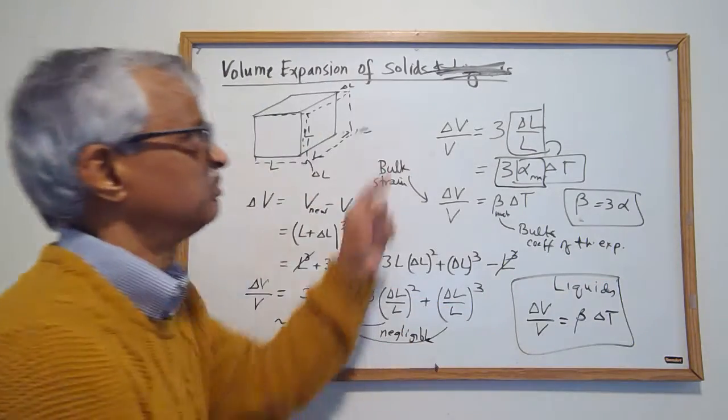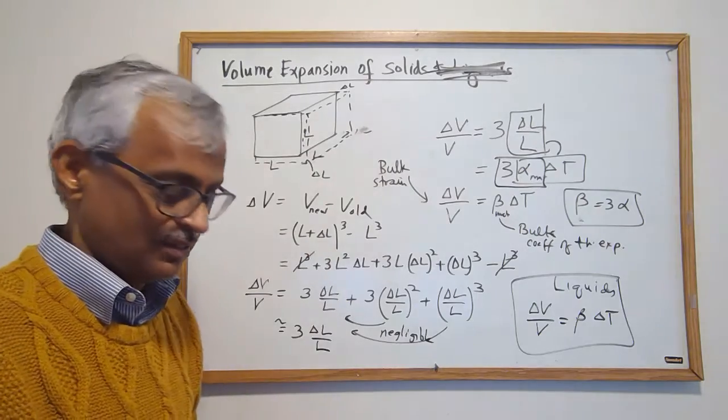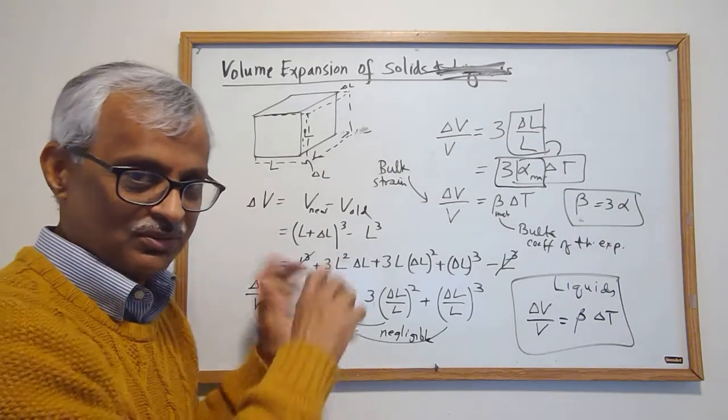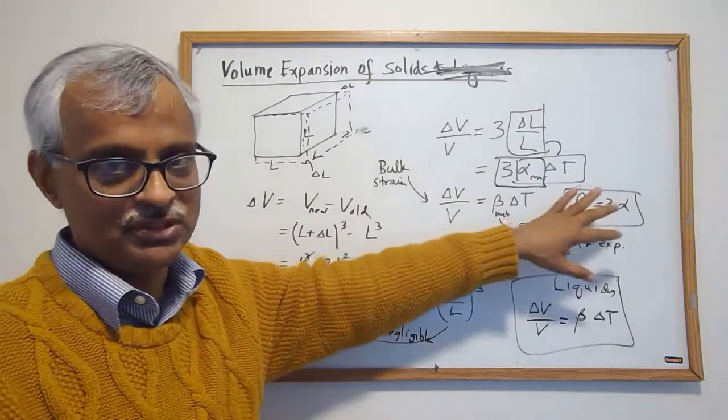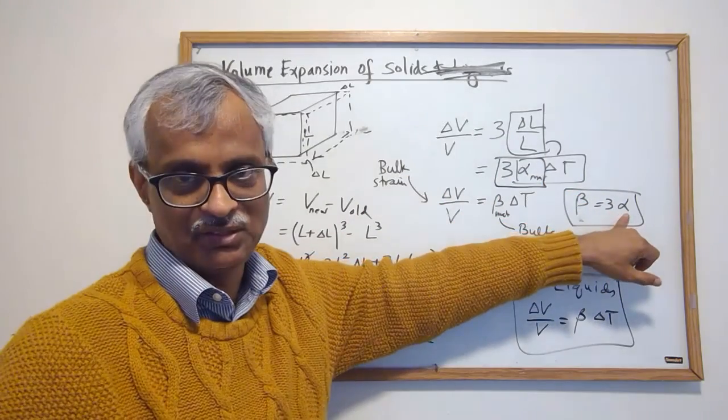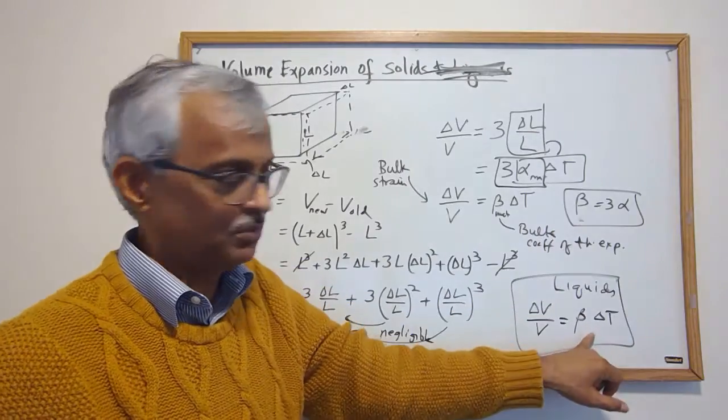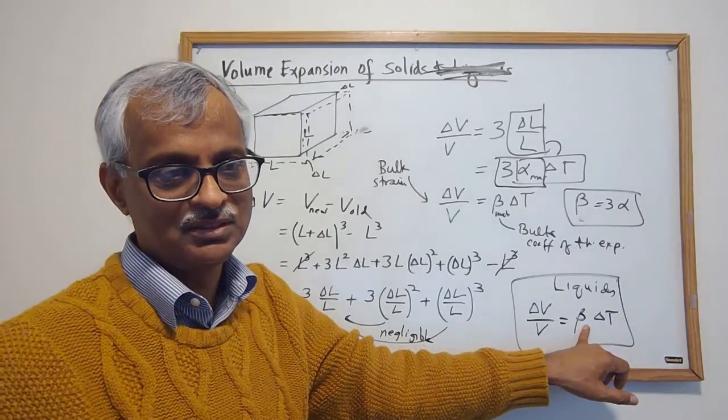So that's why I had lumped them together as one uniform concept. But you can see that for solids I can actually use the linear expansion. For liquid I have to go to a table of liquids.